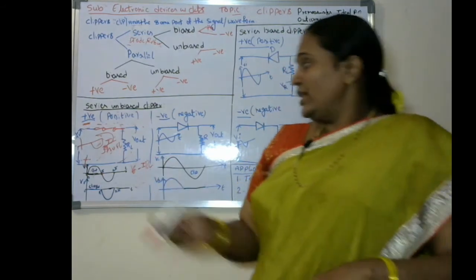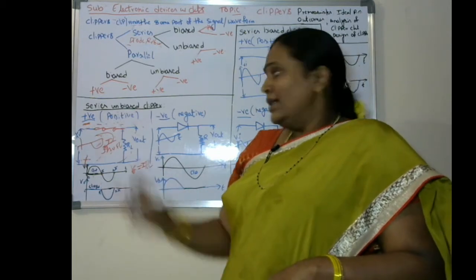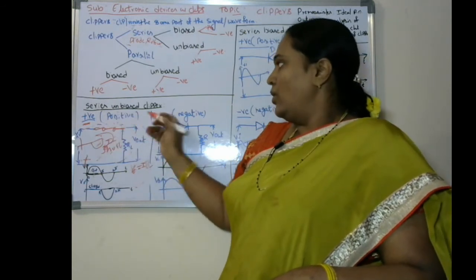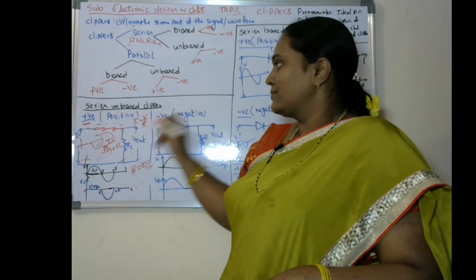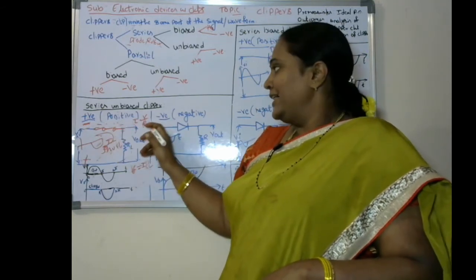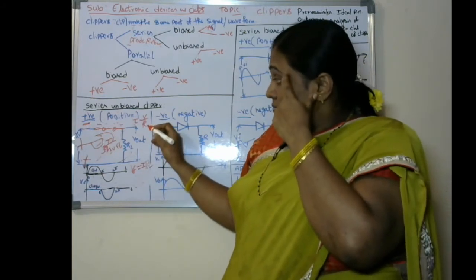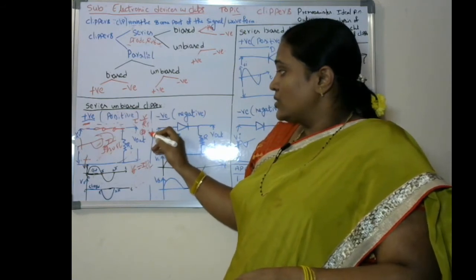In this case, we have to determine whether I is maximum or minimum. The resistance is not going to be present in this case. So already we know that I equals V by R. What is the forward resistance of the PN junction diode? RF, the resistance, equals 0.